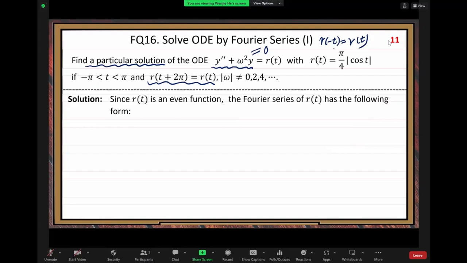And we have the formula. For even function, the Fourier series formula can be simplified. So the general formula can be simplified. So what kind of simplification? You can see we only have the cosine terms, constant term, and the cosine terms, but we do not have the sine term. Because sine function is an odd function.